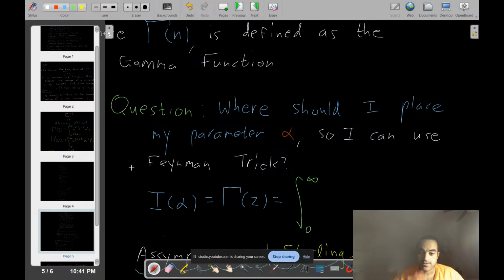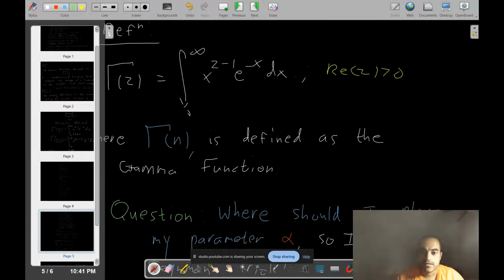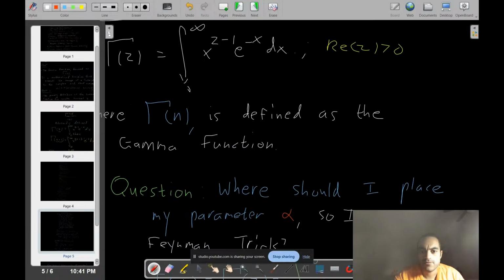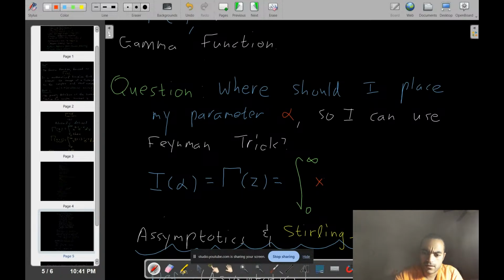So for instance, if I say I'm integrating from 0 to infinity of x to the z minus 1, e to the negative alpha x dx, let's say we had something like this. The next step is to find I prime of alpha.